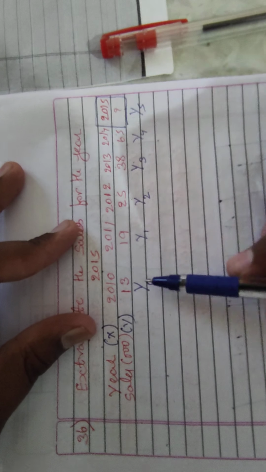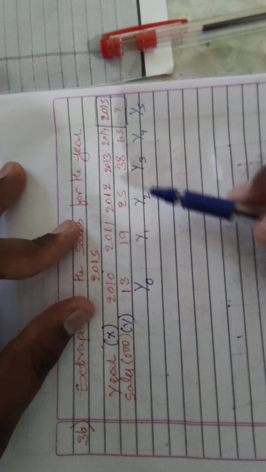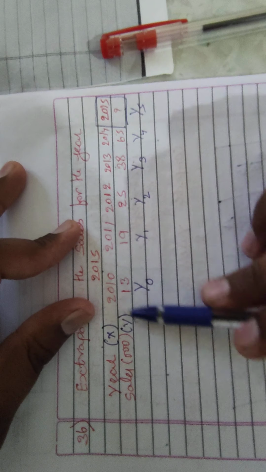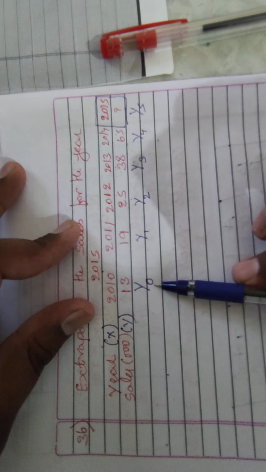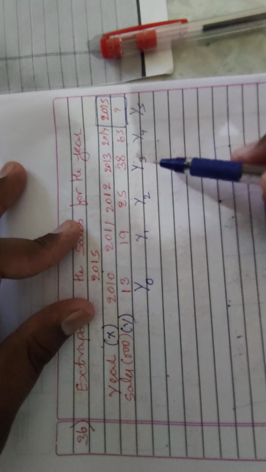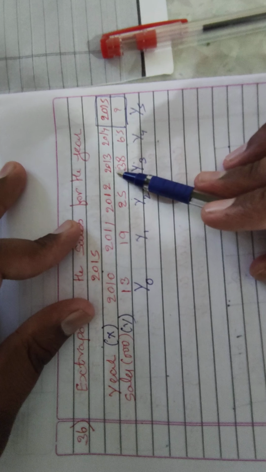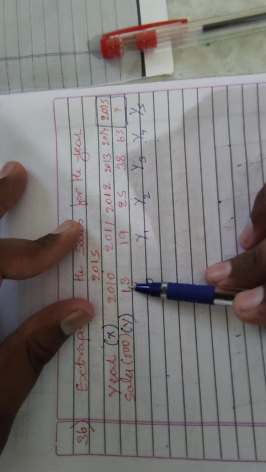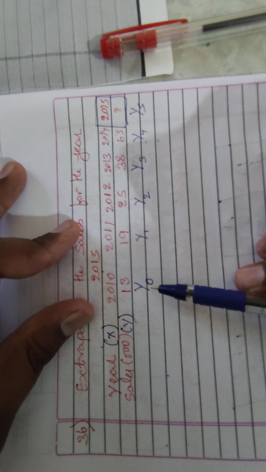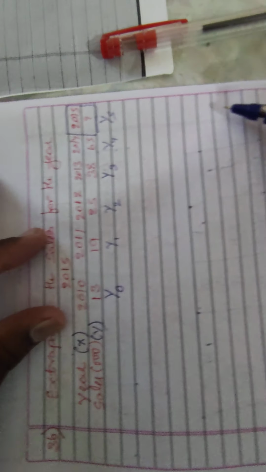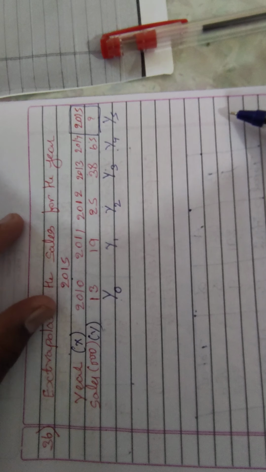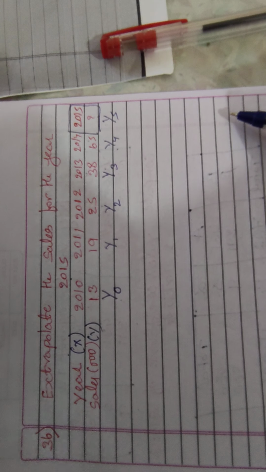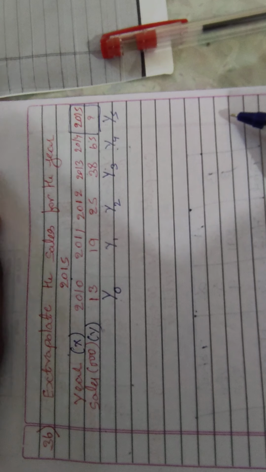It is not compulsory, just for identification, because when we write the suffix it is easy to identify the values. Y3 value, y4 value, y0 value are easy to know. That is the intention of writing this. Next we have to know the known values. First we identify the known values.